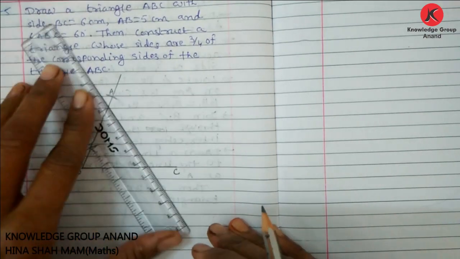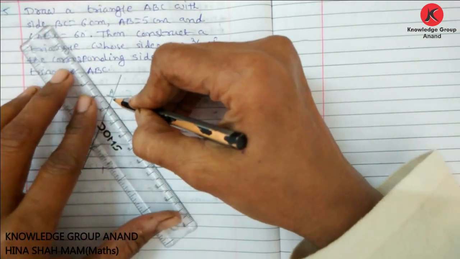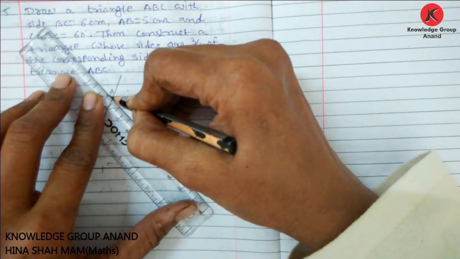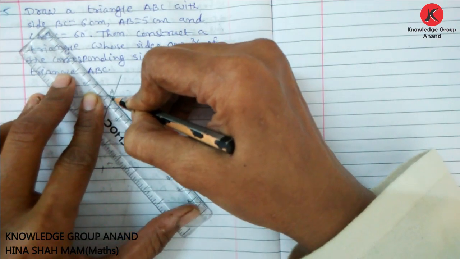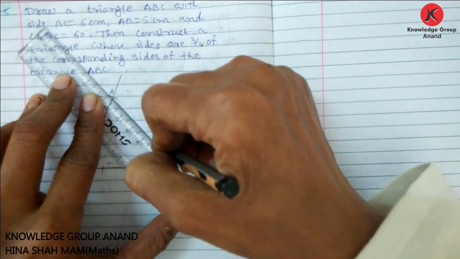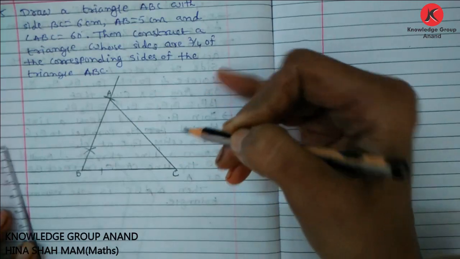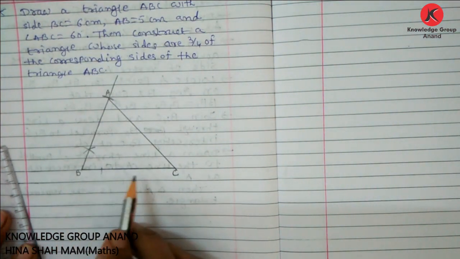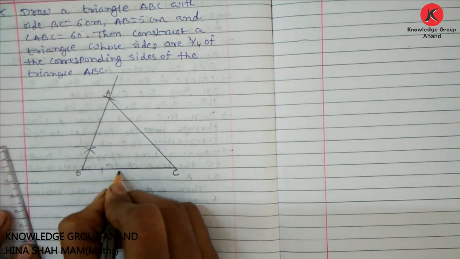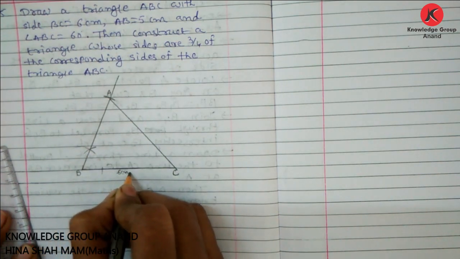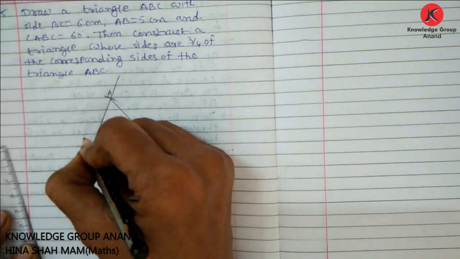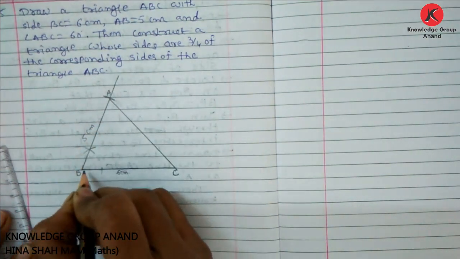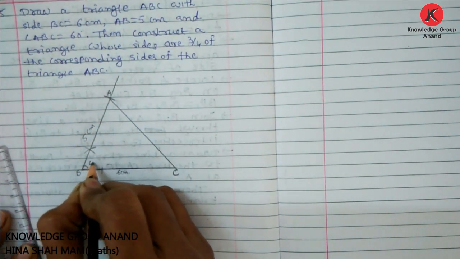Triangle ABC is our given triangle. In triangle ABC, BC is equal to 6 centimeter, AB is equal to 5 centimeter, and angle B is equal to 60 degree.